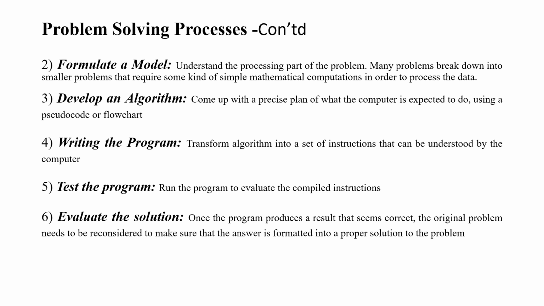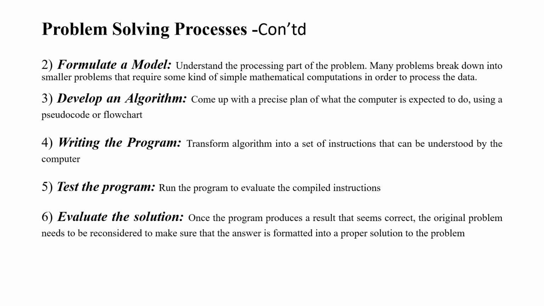Pseudocode is just general English language, but it's a step-by-step plan that meets the need or solves your problem. A flowchart is just a pictorial or graphical representation of how your problem will be solved.